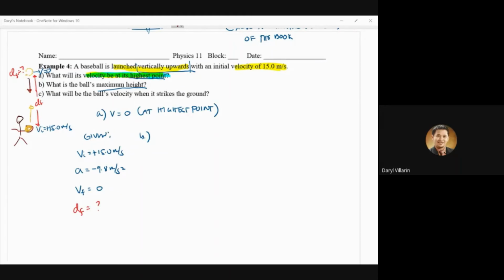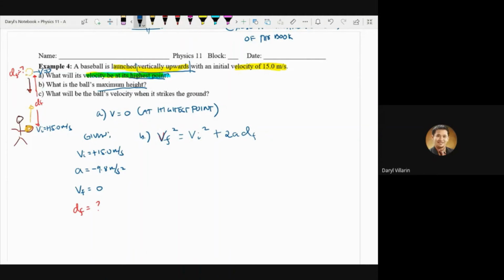I don't have a time component here, and if you examine your displacement equations, there's only one equation that doesn't involve time, and that would be vf squared is equal to vi squared plus 2a df.